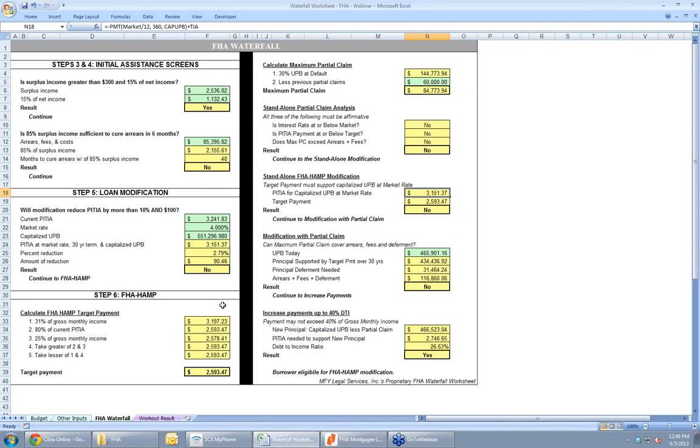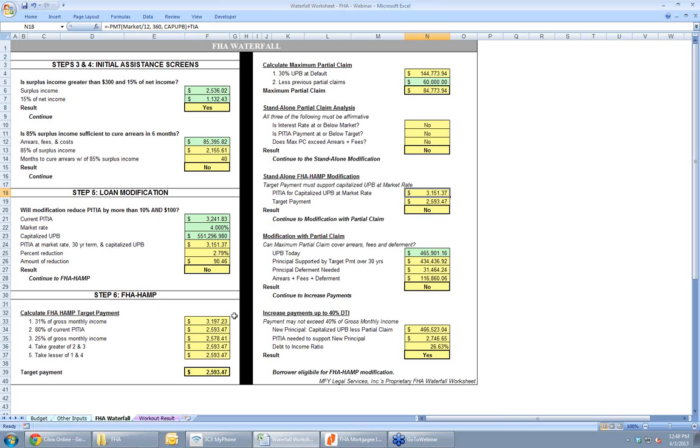What I've skipped over, steps 1 and 2, is where you look at whether or not someone can get informal forbearance. If there's no hardship, that's a forbearance of basically 3 months or less, generally kind of a repayment plan. But for most people we deal with, those aren't relevant.